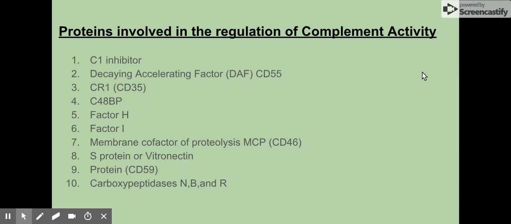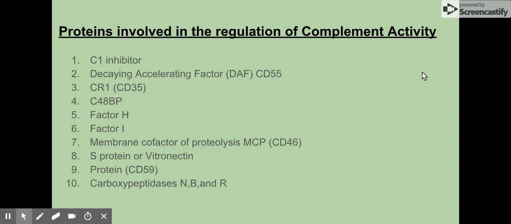So looking at C1 inhibitors, the pathway that's going to be affected by that is either the classical pathway or your lectin pathway. Its function is that it induces dissociation and inhibition of C1r2s2 from C1q. It's a serine protease inhibitor.